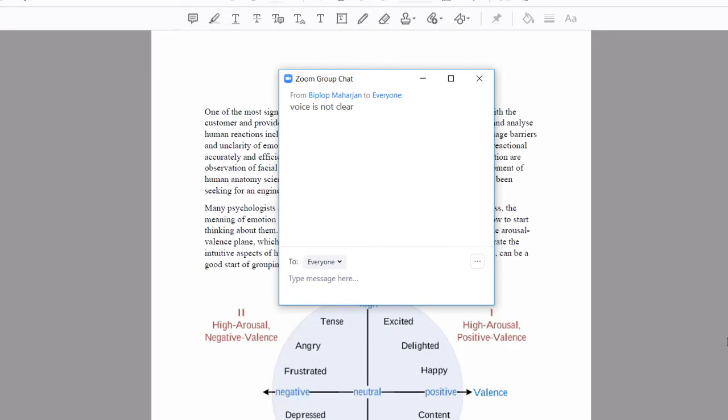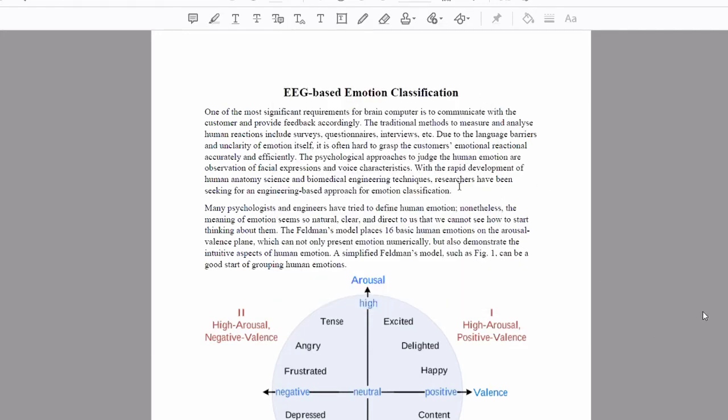In quantitative ways, we can do surveys, questionnaires, interviews. But due to language barriers and the unclarity of emotion itself, it is sometimes hard to grasp the actual emotion.